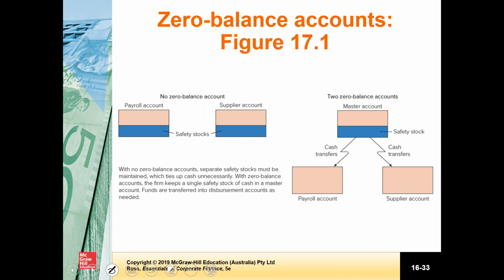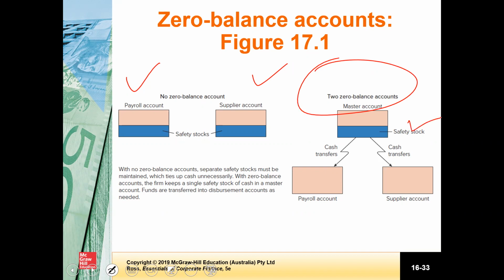Look, in this case, the firm maintains two disbursement accounts, one for suppliers and one for payroll. So you can say one for supplier and one for payroll. Okay. As shown, if the firm does not use zero balance accounts, each of these accounts must have a safety stock of cash to meet unanticipated demands. If the firm does use zero balance accounts, it can keep one safety stock in a master account.